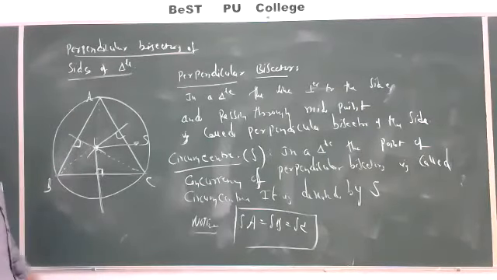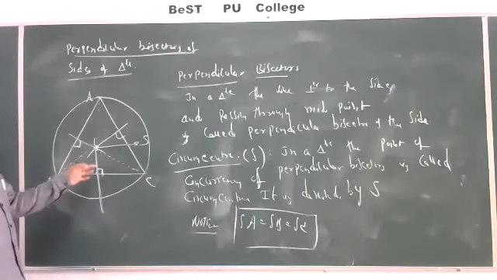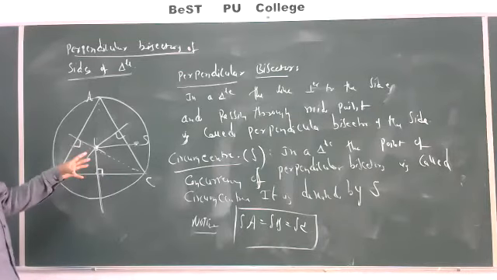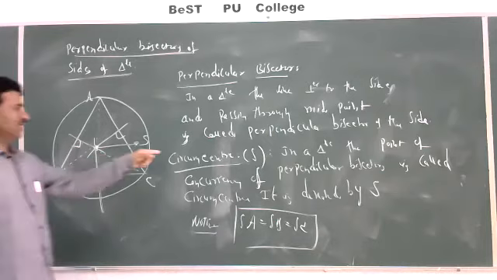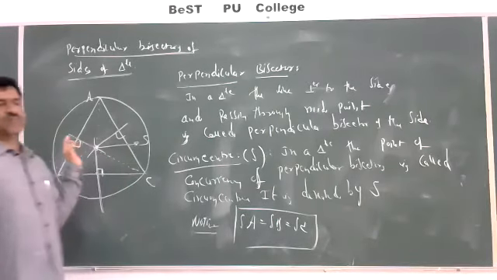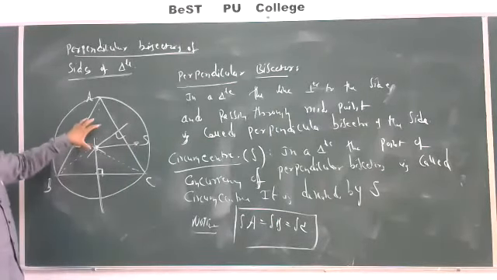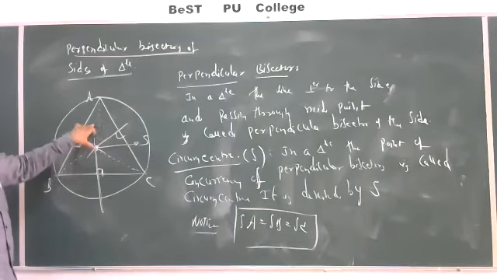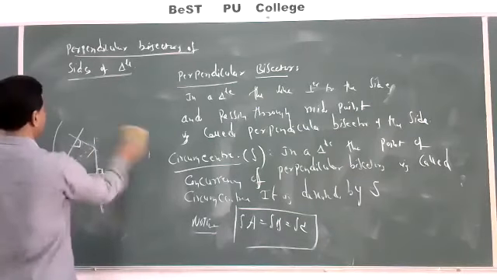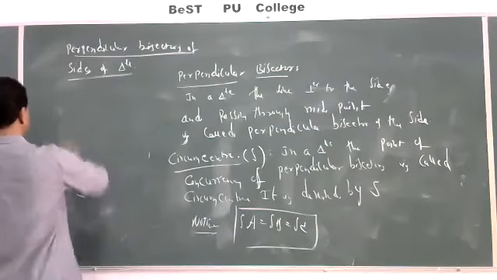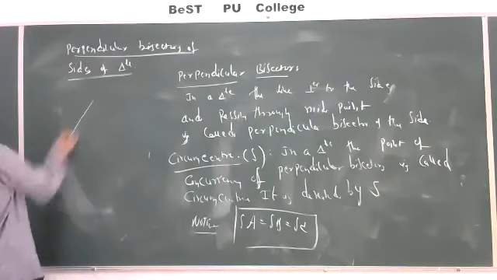See, three important points we discussed, very useful everywhere: centroid, orthocenter, and circumcenter. And these three are the same in an equilateral triangle. The definition of an equilateral triangle: all the three sides are equal.